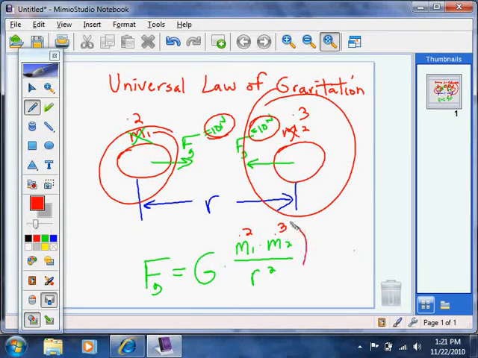So if we multiply that whole right-hand side out, it would be 6 times greater. 2 times 3 is 6. So the new force of attraction is going to be 6 times greater. So now, instead of the force being 10 newtons, well, if you double one mass and you triple the other mass, the force of attraction would be 6 times greater, which is 60 newtons.